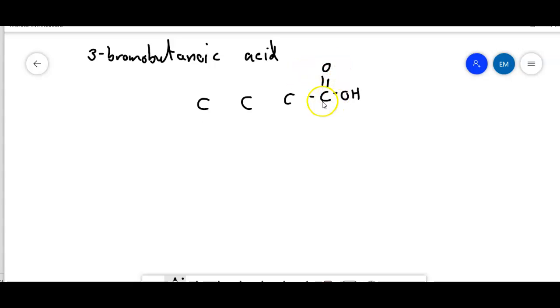So that's the carbon skeleton, and we know the carboxylic acid's there. There's your carboxyl group. And now we have 3-bromobutanoic acid. Well, this is the 1 carbon here, so 2 and 3. This is going to be a 3 carbon here, so your bromine is going to be on this here. And you're done, except you have to fill in, it's the condensed structural formula.